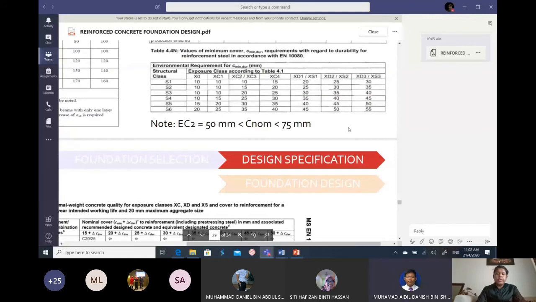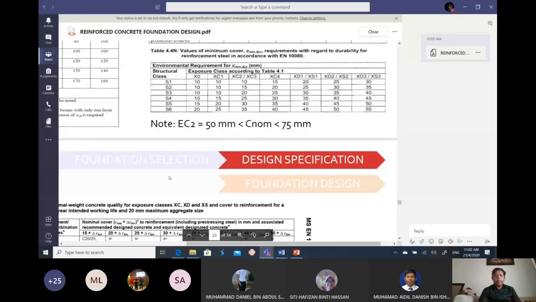So whatever value you provide, contohnya after you calculate the nominal cover, you get the value is 40 mm, you have to provide following this Eurocode punya requirement. Minimum is 50, maximum is 75. So if you get 60, then okay. Whatever value that you get, the minimum C nominal untuk foundation adalah 50 mm.